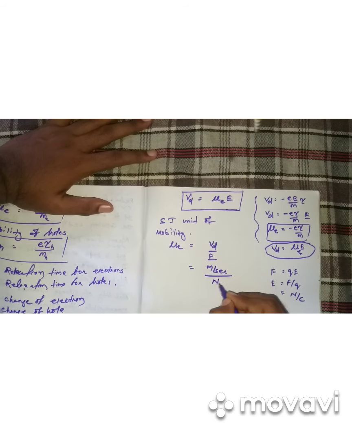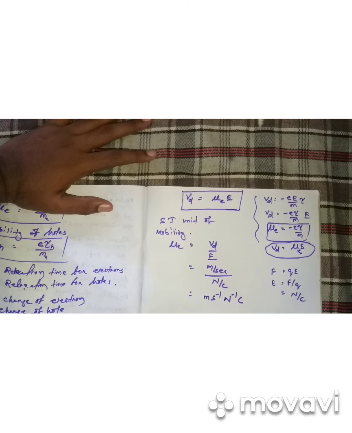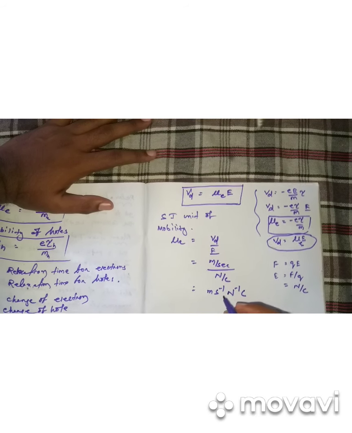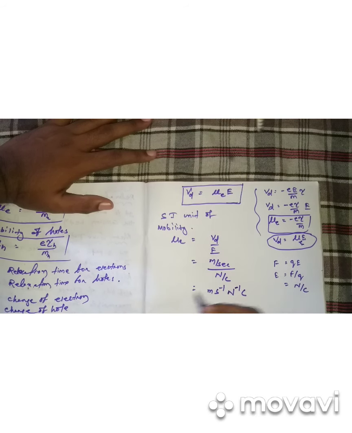So here Newton per Coulomb, so what will happen? That is meter per second, Newton to the power minus 1, into Coulomb. Okay, so meter per second, Coulomb per Newton, that is m s^-1 N^-1 C. So that is the unit of mobility.